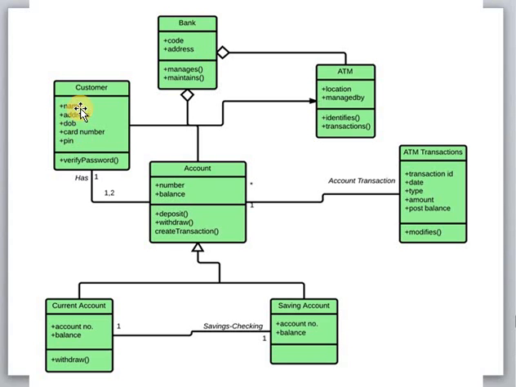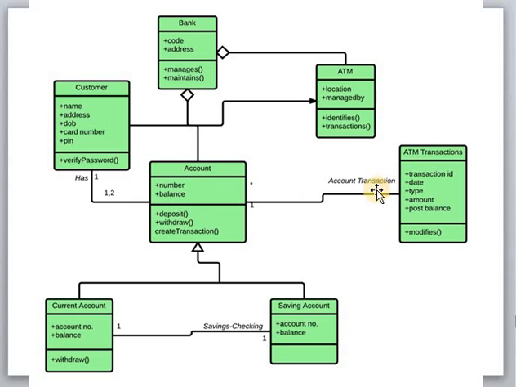The relationship between the customer and account class can be modeled using the association relationship and using multiplicity. A customer can have one or two accounts, whereas an account belongs to only one customer. Using an account, the transactions that will be performed will be minimum one to maximum many.